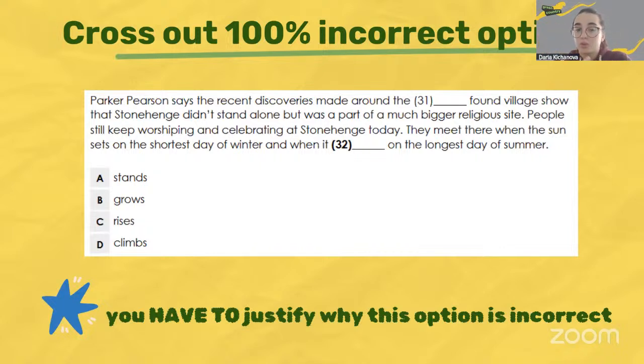But there we don't talk about it. We talk that the sun is going upwards. So there you can see that D is totally incorrect, and also B. So we already have stands and rises. So we already have two options to work with.